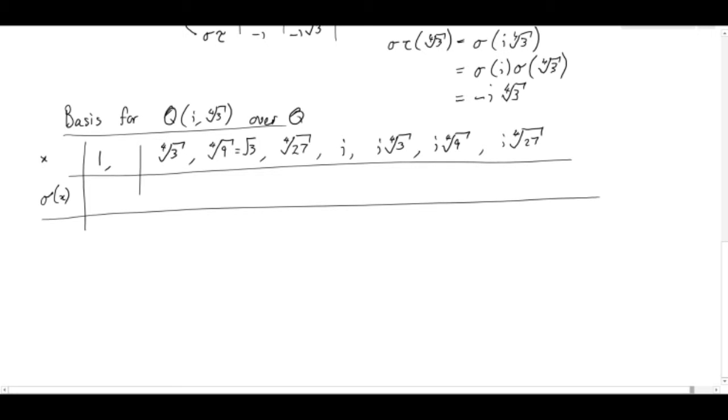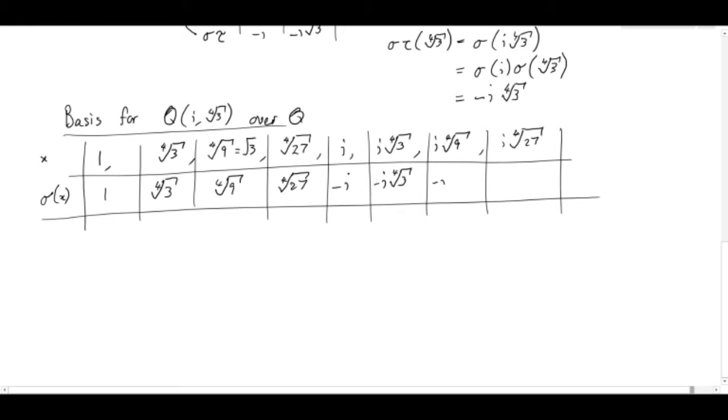So how does sigma act on each of them? Well, it keeps the first 4 constant because they are all real. It maps i to minus i. That means it multiplies each of the last 4 by minus 1. In other words, if we wanted the fixed field, it would be the field generated as a vector space by these first 4 elements.